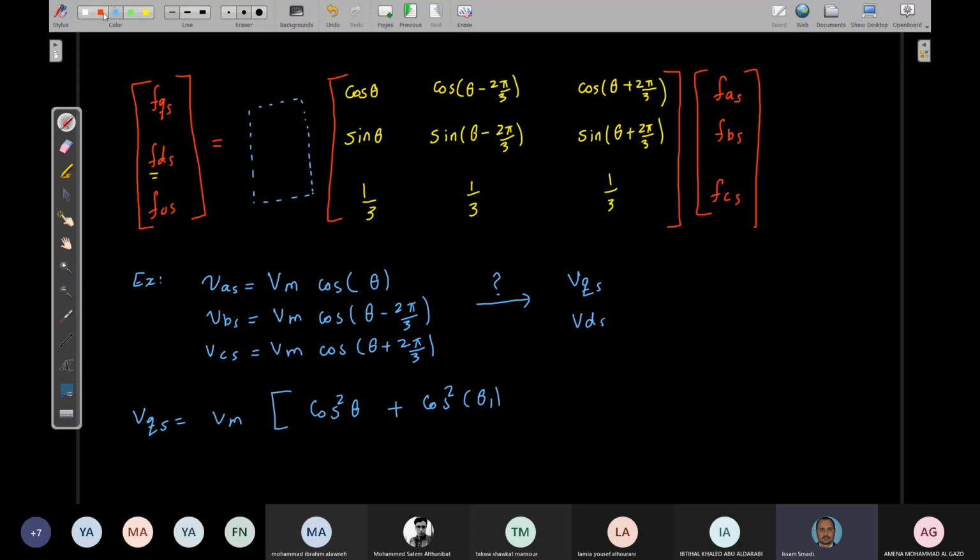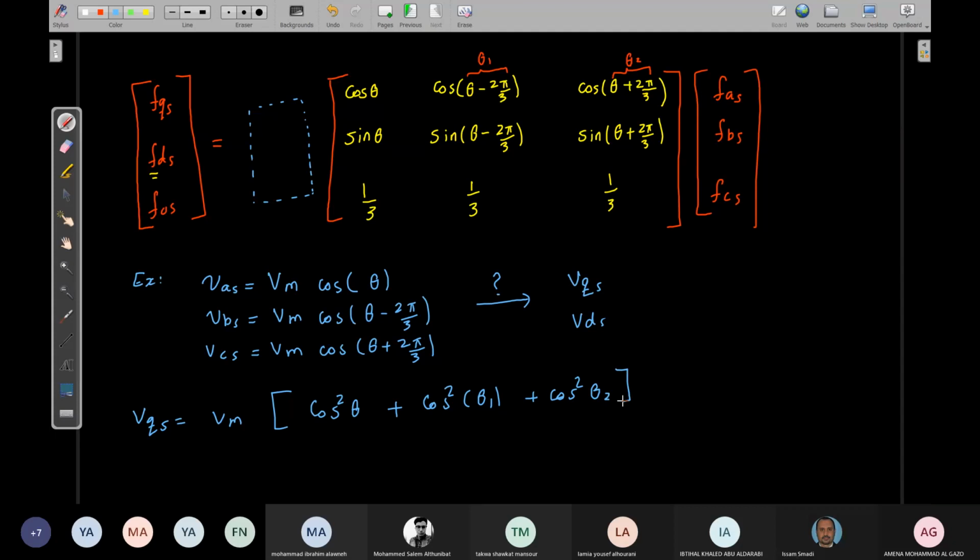I'm too old to write this one, so I will assume that this angle is equal to theta 1 and this angle to equal theta 2. This will reduce the time and the effort. Then if I multiply, I will get also plus cosine square of theta 2.